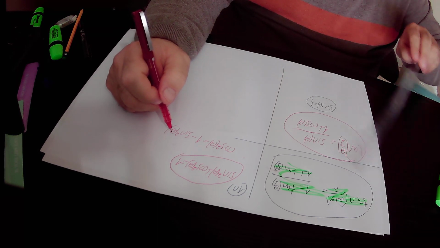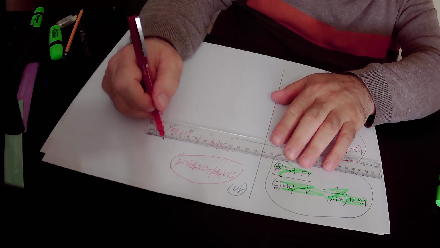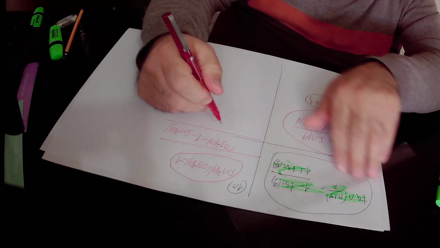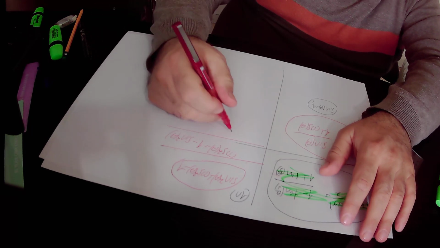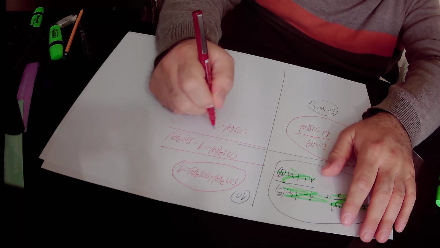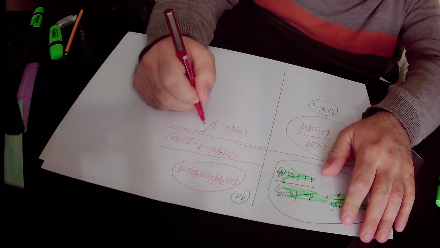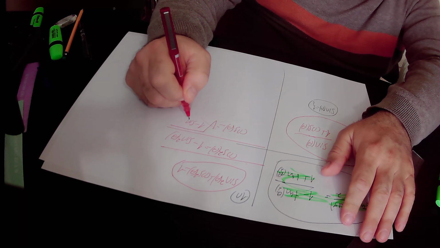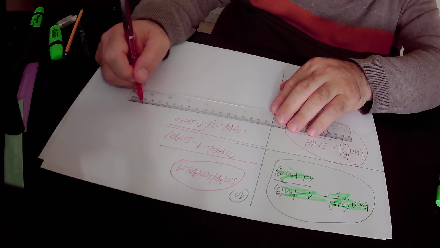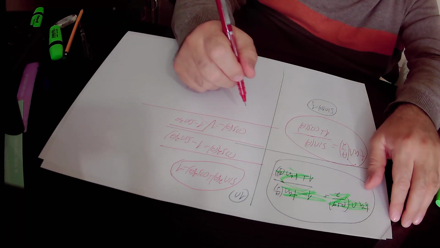Here we will take a root out of this identity, and we will get that the value of cosine theta is equal to the square root of 1 minus sine squared theta. But we have already found out that sine theta equals 1 over 3.